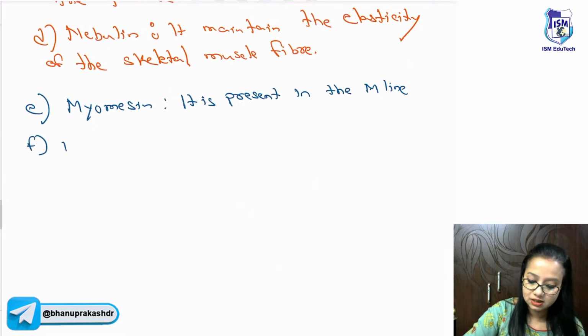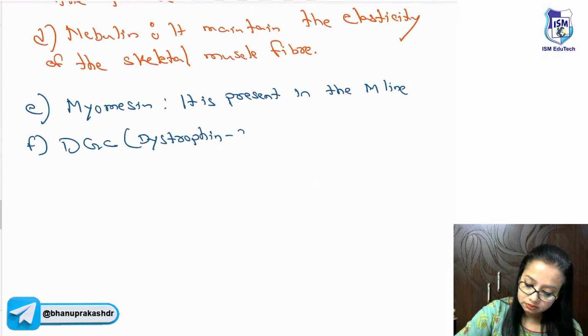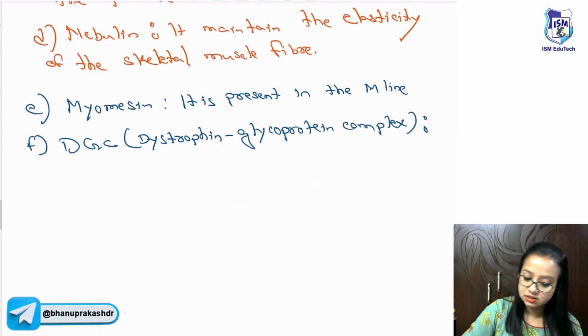We have the DGC or dystrophin glycoprotein complex. What does this do?